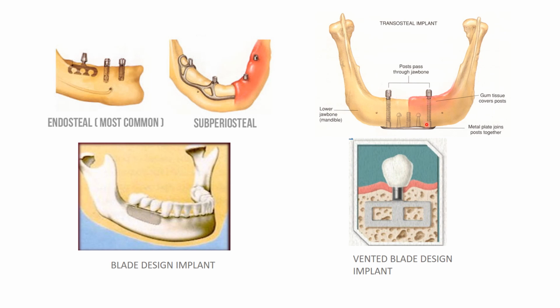And these also have literally gone extinct now. Now hardly anybody uses transosteal implants except maybe in micrognathia cases, Papillon-Lefevre syndrome, that type of cases where there is no mandibular height available. This over here is a blade type of implant. As the name suggests, it looks like a horizontal blade.